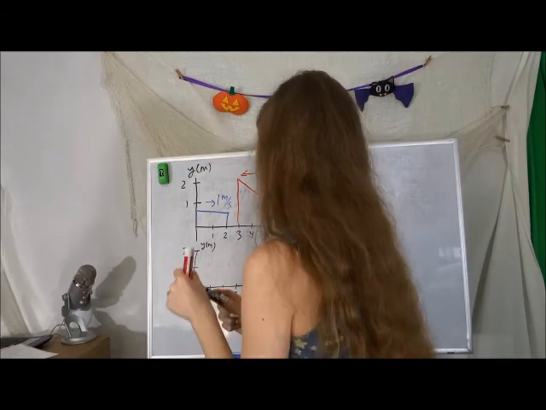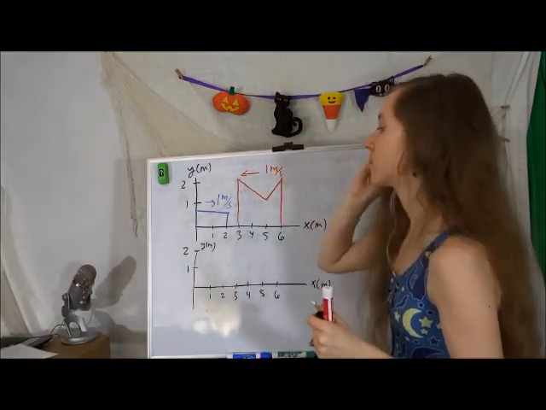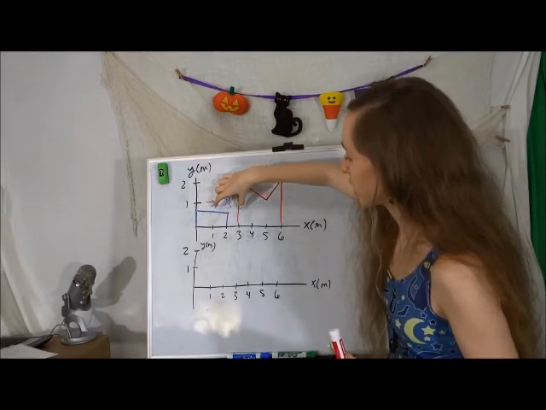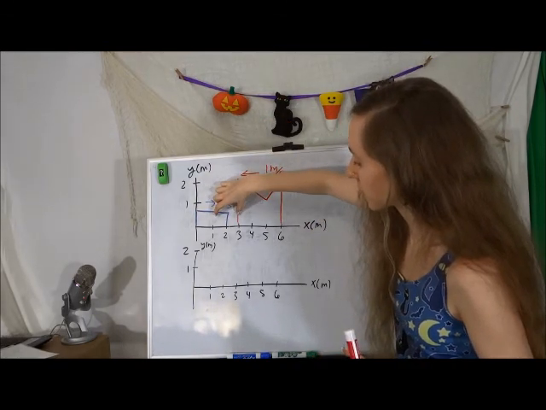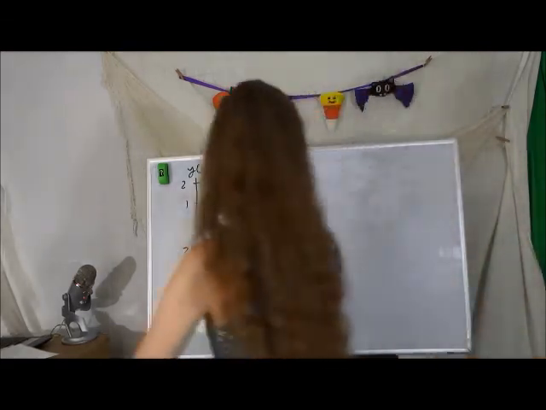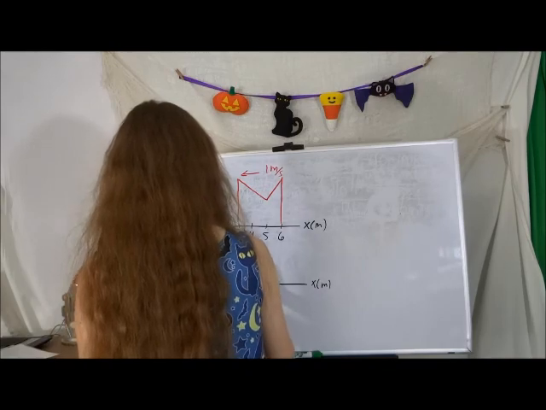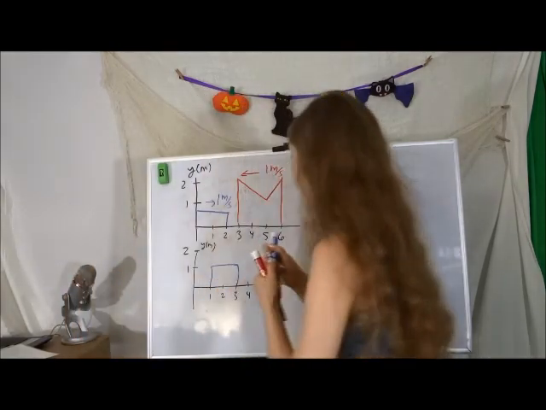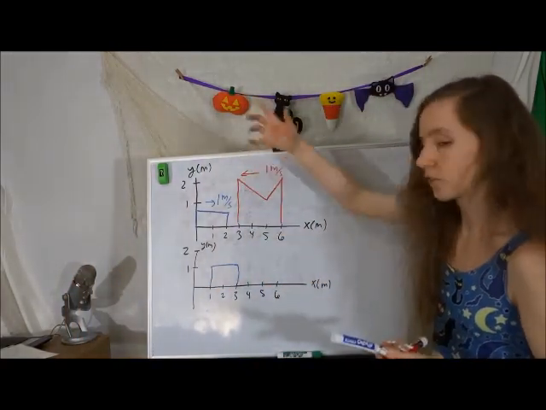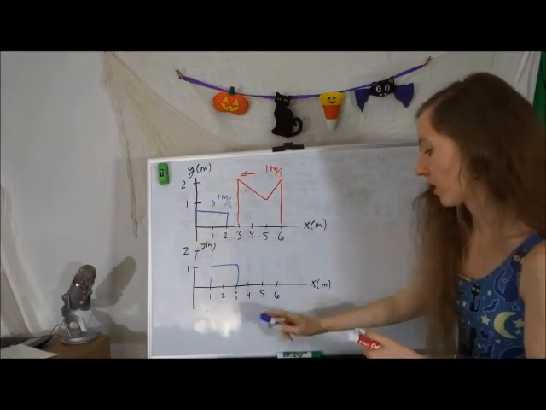Now our blue wave is moving to the left, or sorry, to the right. So it looks exactly the same, but it's moved over here. So for the blue one, it's going to look like this. And then our red one is going to do the same thing. All the points on the red wave are going to shift 1 meter to the left.